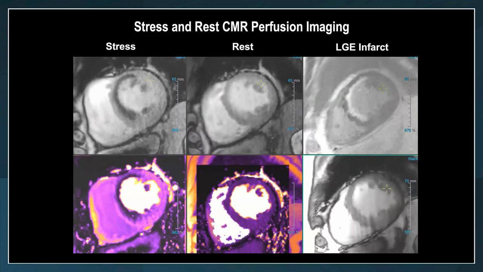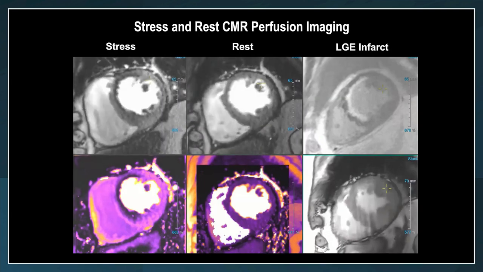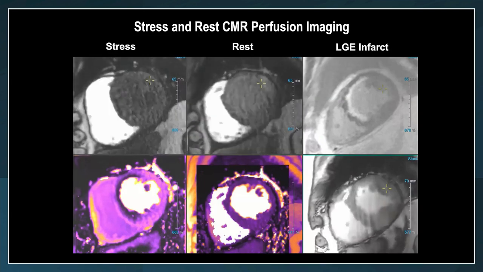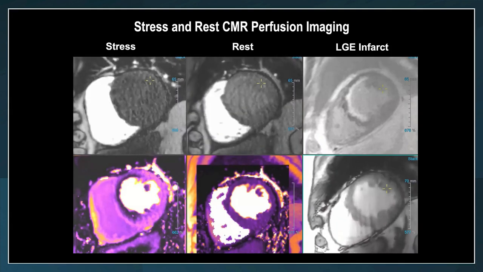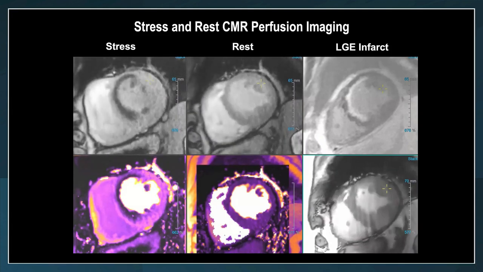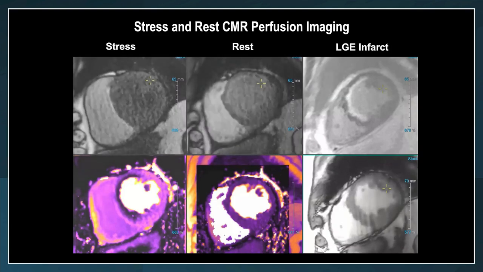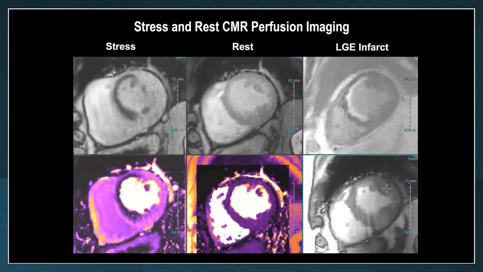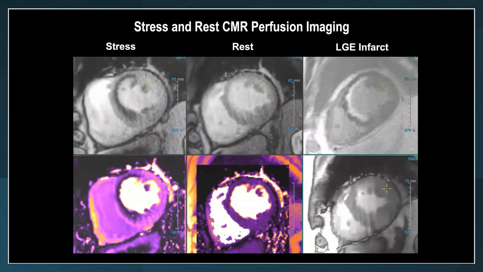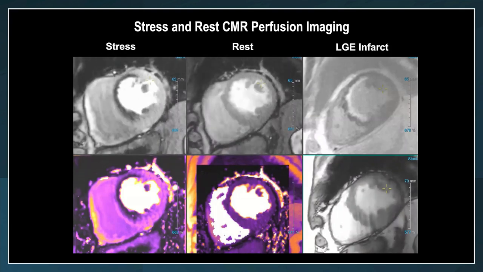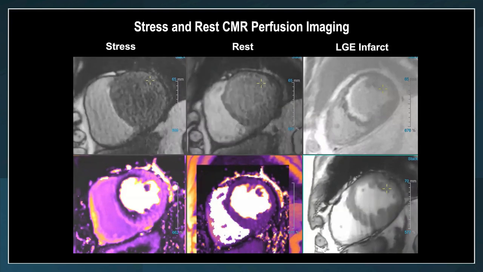On the right upper panel is the late enhancement, matched by the same cut of cine imaging in the right lower corner. Note that the stress and rest perfusion imaging has high resolution, about 1.4 millimeters in plane, and a blood flow map is generated from the respective stress and rest imaging in the color panel below.